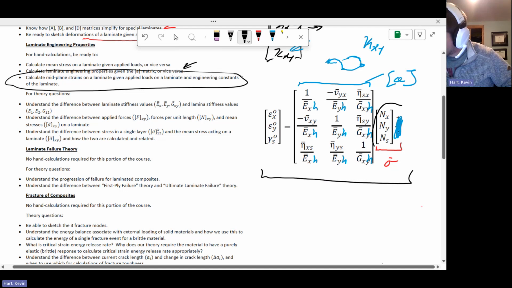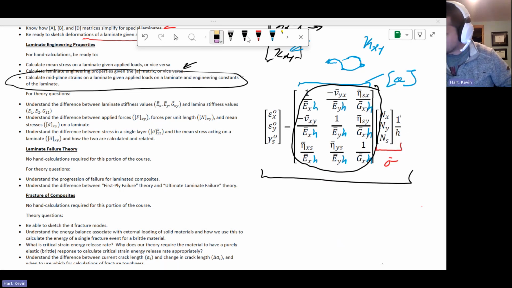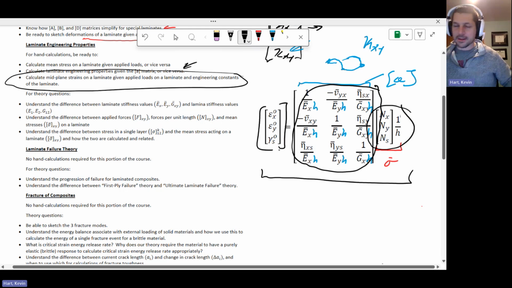You have these loads, Nx, Ny, and Ns, and you have laminate engineering properties, and assumedly the height of the laminate, this 1 on h term. So you basically have everything on the right-hand side here. And so then you would be calculating this guy, right? So that all should be pretty straightforward, all right?